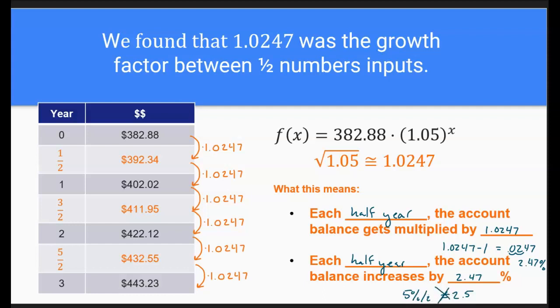It's not the same. That's because this is compounding interest. That means the interest that we made in the previous step gets interest applied to it on the next step. So it's growing a little bit faster.